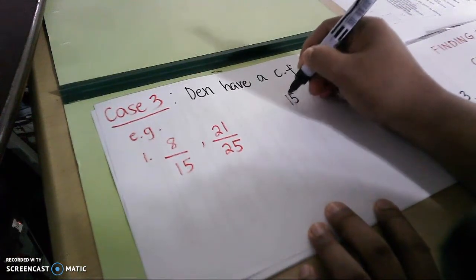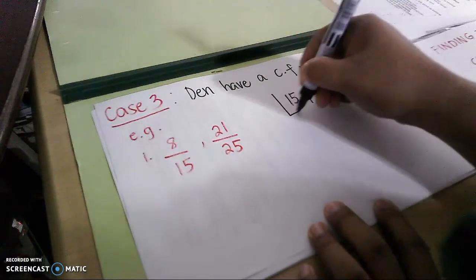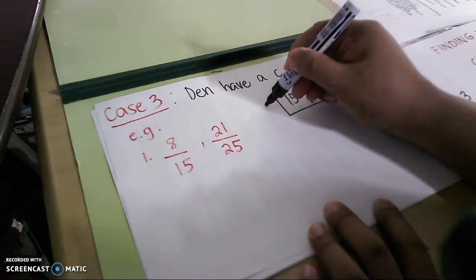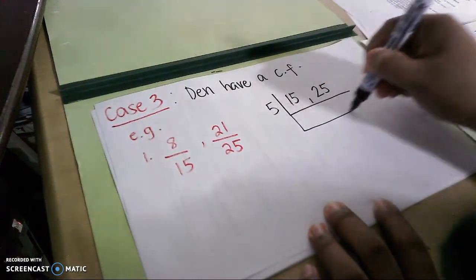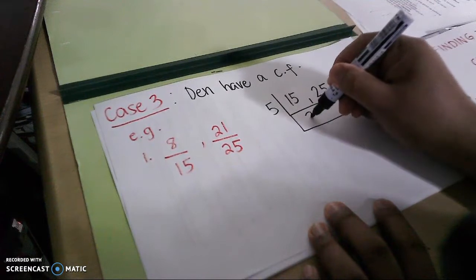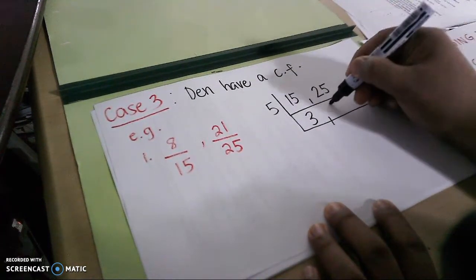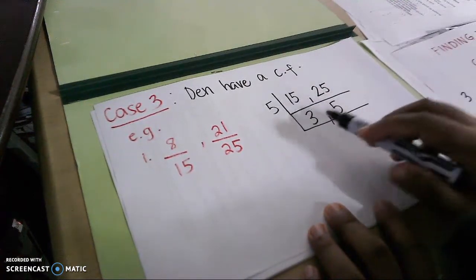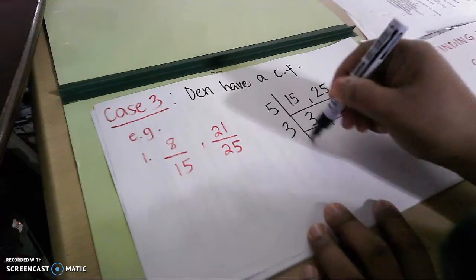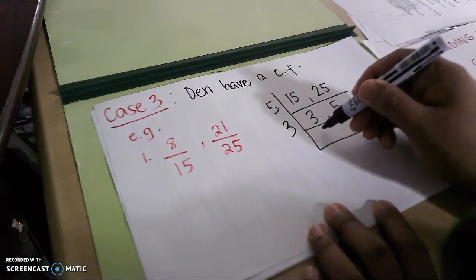Just list down 15 here and 25 and find a common factor of 15 and 25. That would be 5. Just divide: 15 divided by 5 would be 3. 25 divided by 5 would be 5. Just continue. You copy 3 here. 3 divided by 3 would be 1.